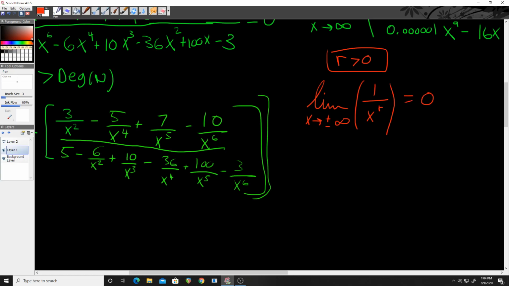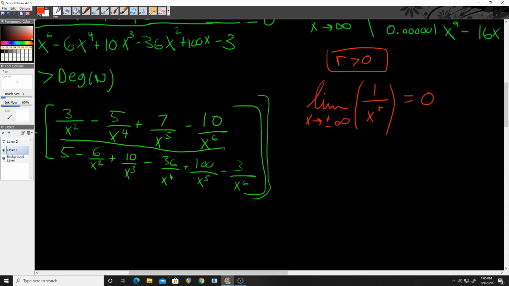Okay? Because x is getting really huge, and then if you raise that to some power, even if it's like a 1/2, like a square root or something, it's still growing. It's still going to grow forever. And 1 over an infinitely large number is going to be tending towards 0.